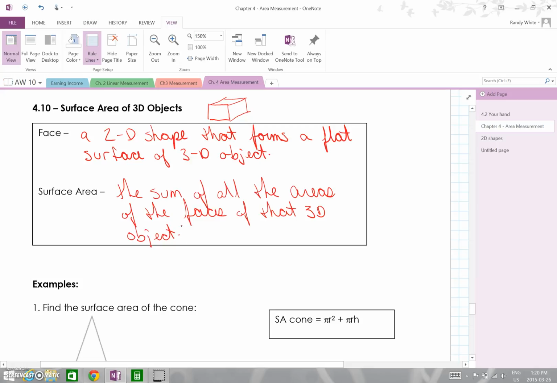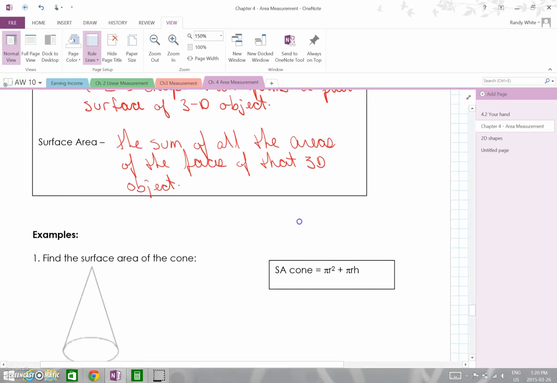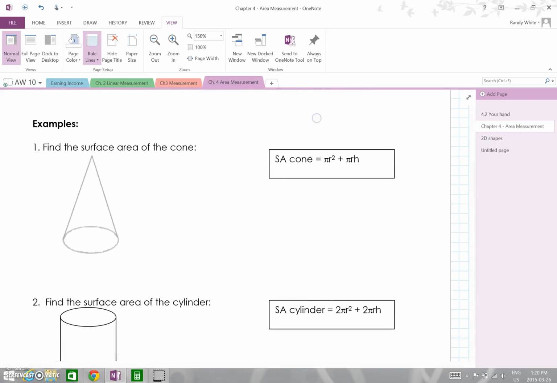Okay, so the surface area is going to take all the faces, find the area of each face, and add them all together. So let's take a look at an example here, like a cone.